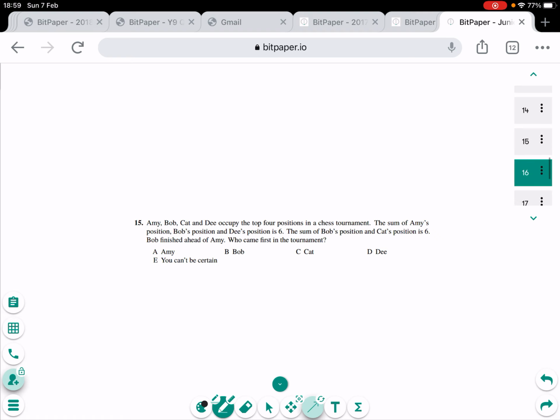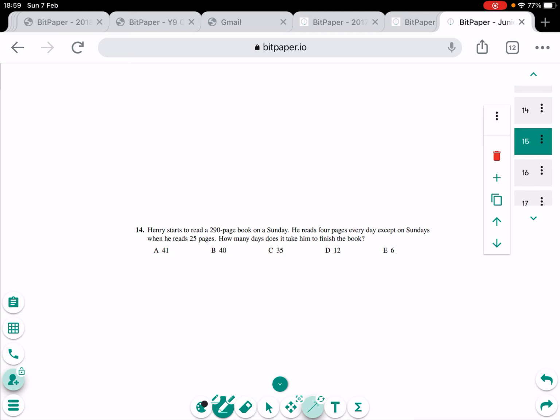For question 14, Henry starts to read a 290-page book on a Sunday. He reads 4 pages every day, except on Sundays when he reads 25 pages. How many days does it take him to finish the book? He starts to read it on a Sunday.